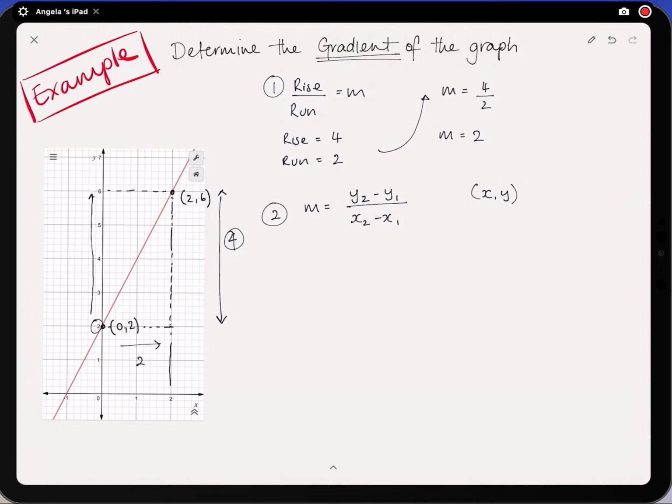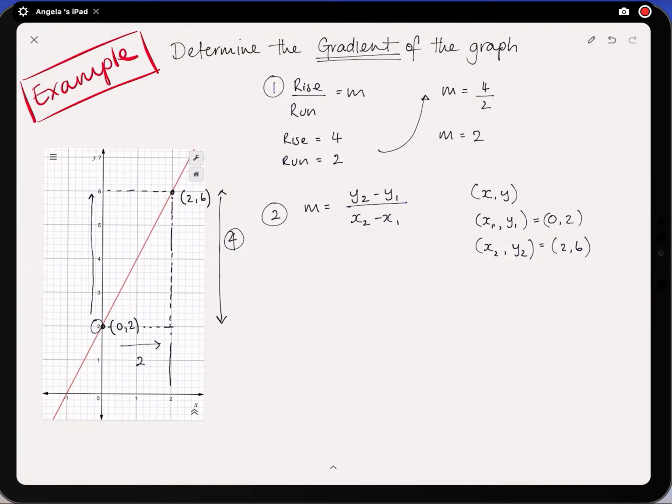Make sure that you know which one is going to be your y2 and x2 and which one will be your x1 and y1. So I'm going to say that x1 and y1 will be 0, 2, and x2 and y2 will be 2, 6.